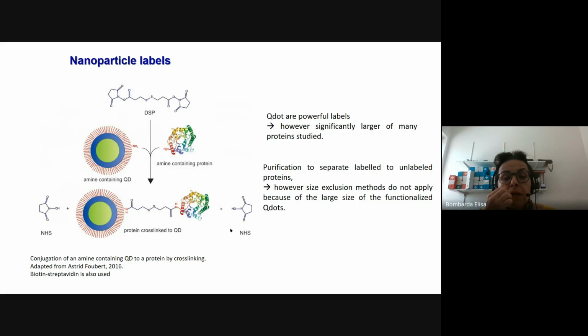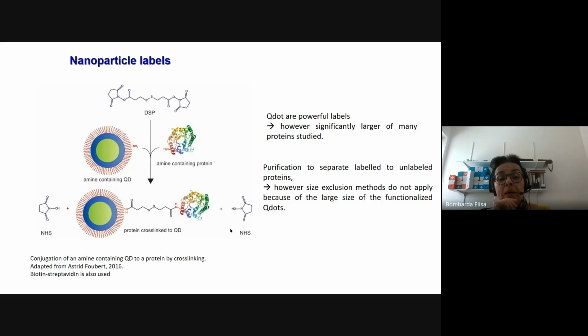Since we were also talking shortly about nanoparticles, in particular quantum dots, we can label proteins also with nanoparticles. The quantum dots are powerful labels, as we saw. The brightness is quite large. But of course, they are even larger than fluorescent proteins. So again, it depends on your system.